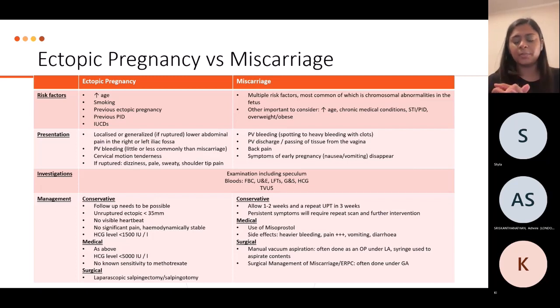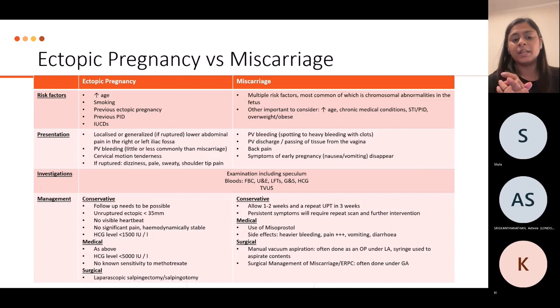The important thing with an ectopic pregnancy is that you can be conservative. You can try and see if the body automatically ends up rejecting the pregnancy and leading to a miscarriage. But there are certain criteria that need to be met as listed out by the RCOG, like the fact that follow-up needs to be possible, so it needs to be someone who will be reliable to come in frequently.